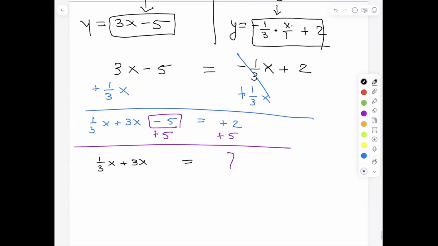How do I add this? Well, I have to have the same denominator, so I'm going to put a 3 here and a 3 here. Oh, no, sorry, hold on.